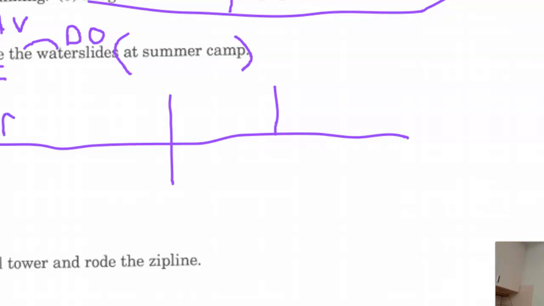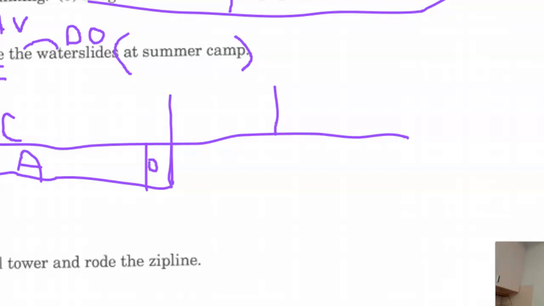Now I'm not going to write all the words out here, but we should have a compound house right here because we have a compound subject. So we have Chloe, Audrey, and then here we would have the word and.